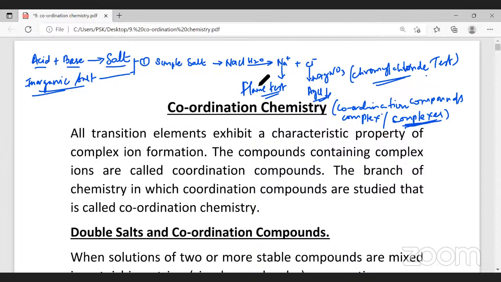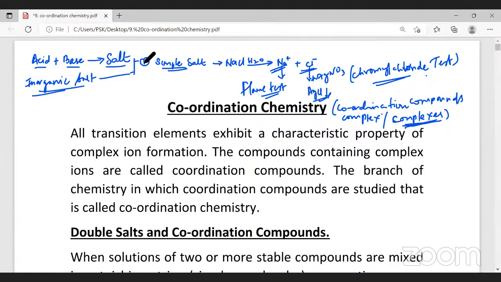The positive ion is called the cation and the negative ion is called the anion. Any salt which dissociates in water to give a simple anion and cation, which answer the tests of inorganic salt analysis, is called a simple salt. These simple ions will give their confirmatory tests based on inorganic salt analysis.